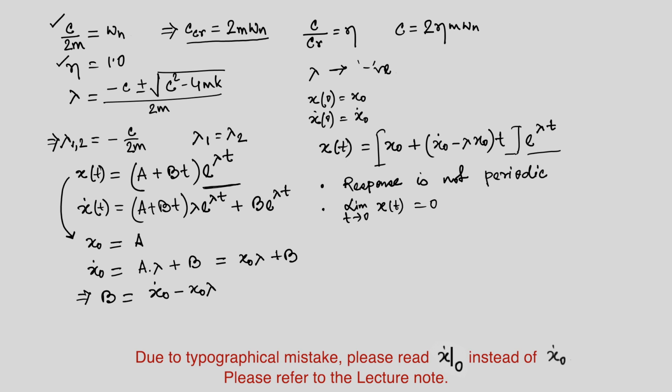So, we have a similar type of solution. That means, the response will start from t equal to 0 with the initial conditions that we set, and as time progresses, then it exponentially comes to 0. So, you can draw the nature of the solution.